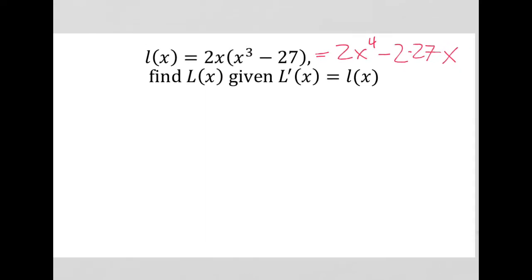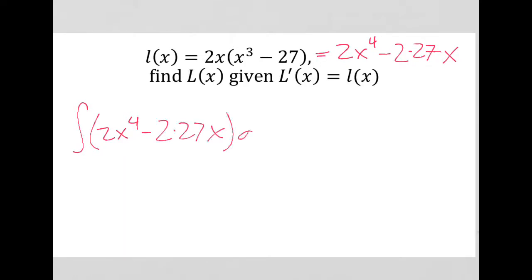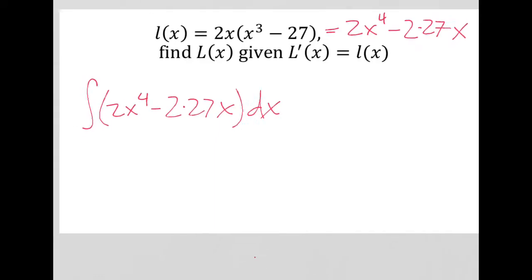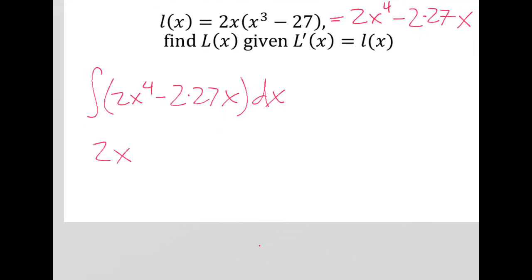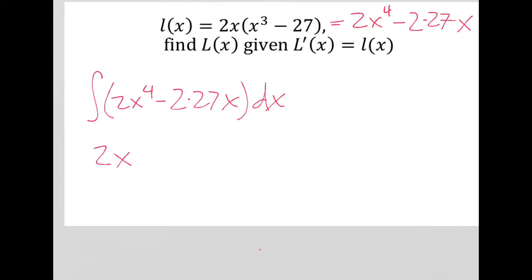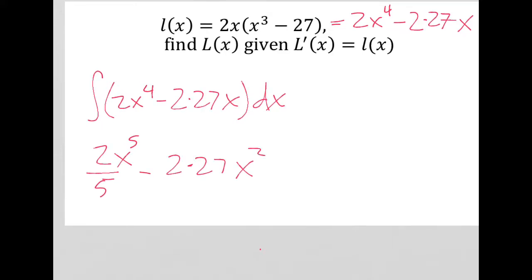Now that's what I'm integrating. I'm integrating this function, 2x to the 4th minus 2 times 27x, with respect to my variable x. And so 2x to the 4th becomes 2x to the 5th right there, divided by 5, minus I have my 2 times my 27, my x becomes x squared, and then I need to divide by that 2, and then my plus c.